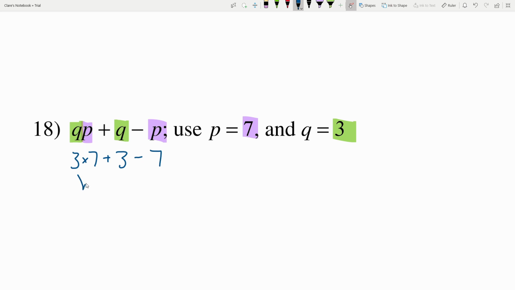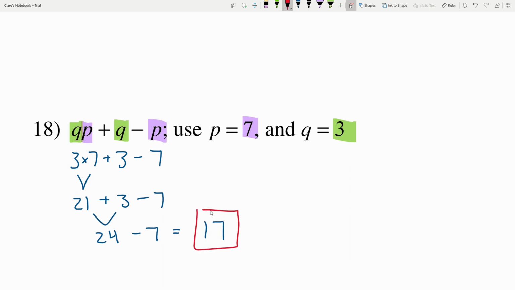We're going to do our multiplication first. 3 times 7 is 21. And then I'll add 3 and then subtract, working left to right. 21 plus 3 is 24, and 24 minus 7 is going to be 17. So 17 is my solution in number 18.